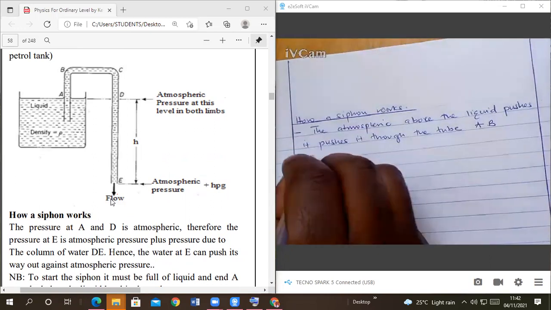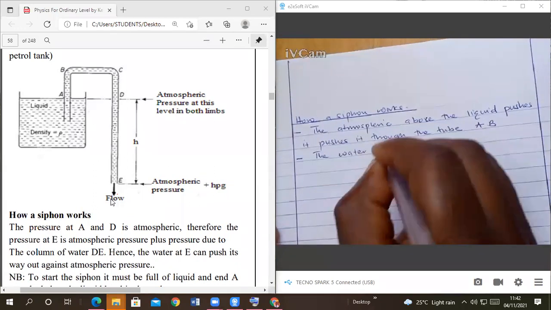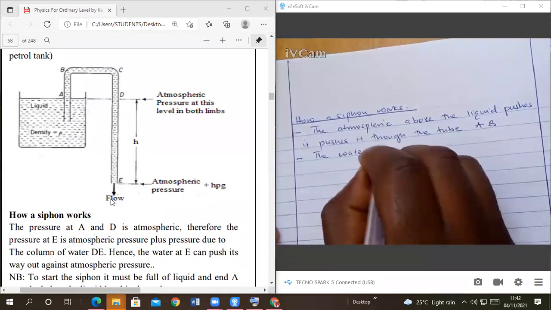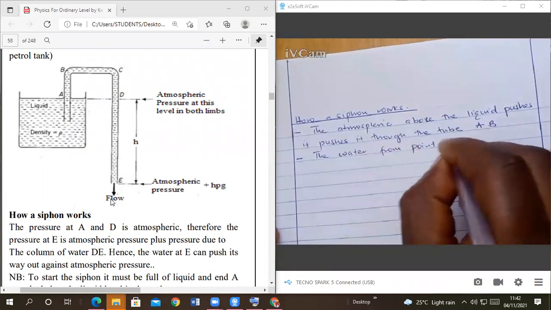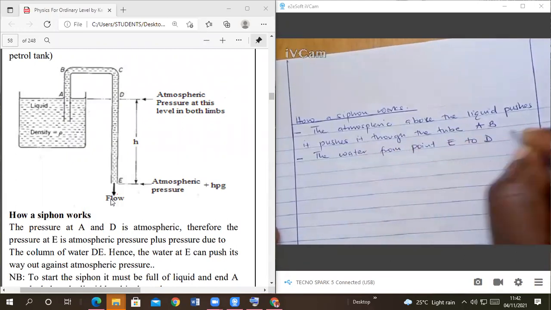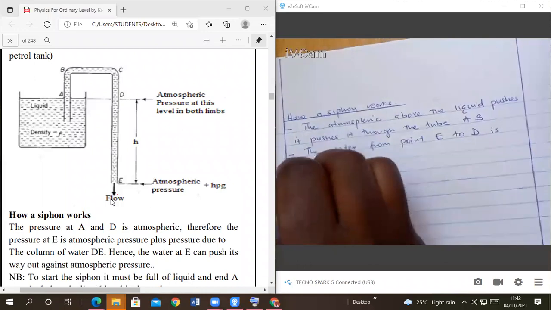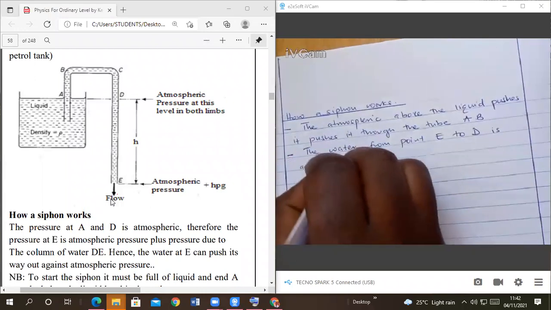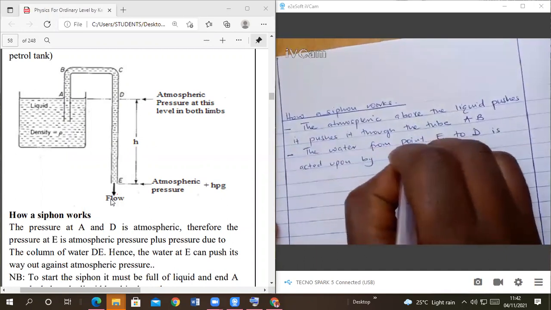So we can say the water from point E to D is acted upon by gravitation force.